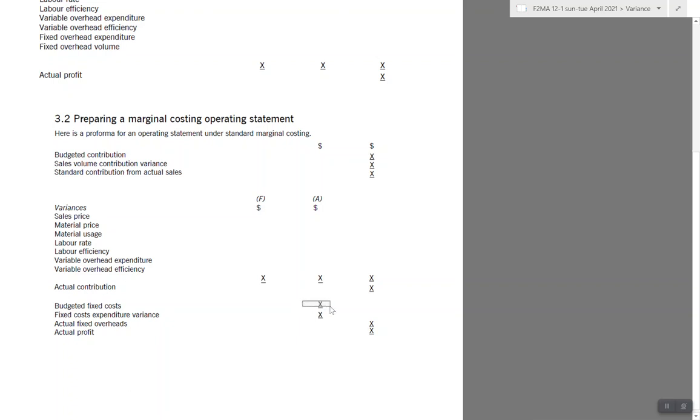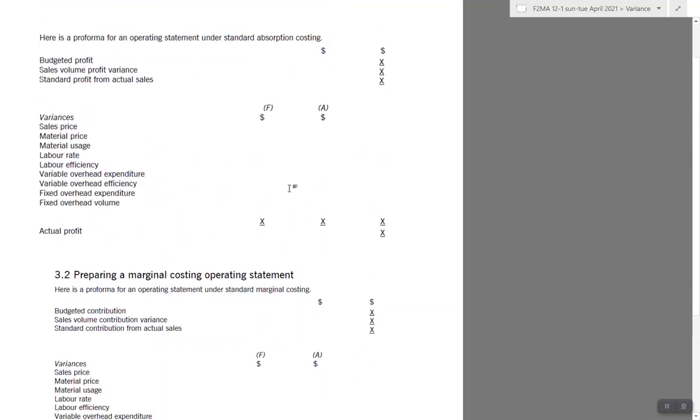Then we take the budgeted fixed cost and we minus expenditure variance, which will give us actual fixed cost. And then we have actual profit. Remember, from budgeted fixed cost, we only minus expenditure variance. Volume variance is not mentioned here.